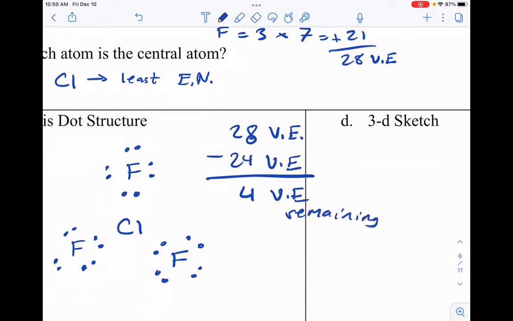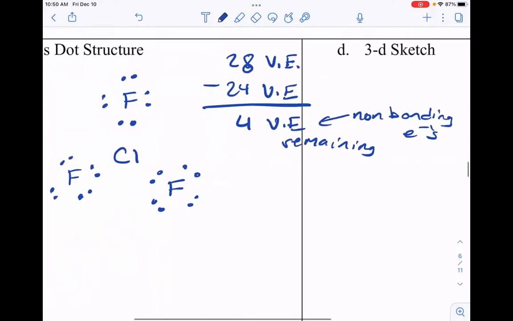And so this is the number of non-bonding electrons. And so what does this mean in terms of the central atom? What do I do with 4?